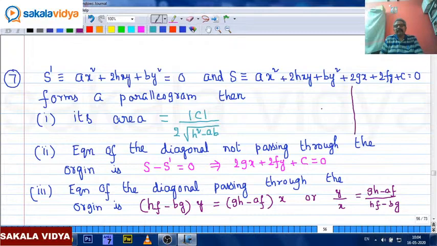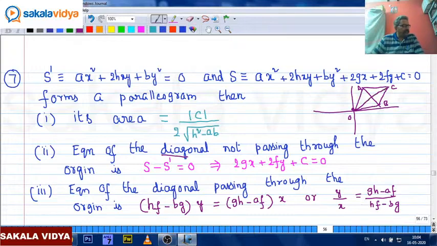Generally, this is s dash is equal to 0, this is s is equal to 0. For example, this is the origin, O A B C. This is the diagonal not passing through the origin. This is the diagonal passing through the origin. Understood now? Passing through the point of intersection, yes, absolutely correct.